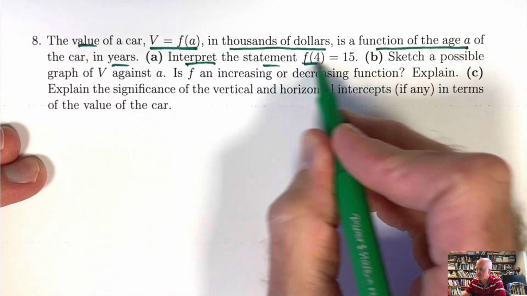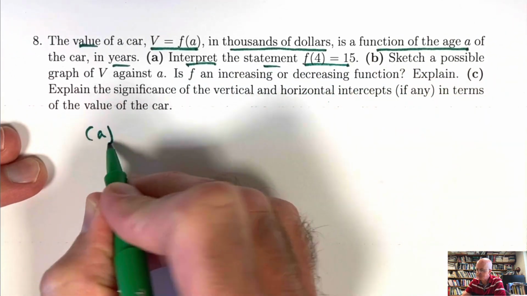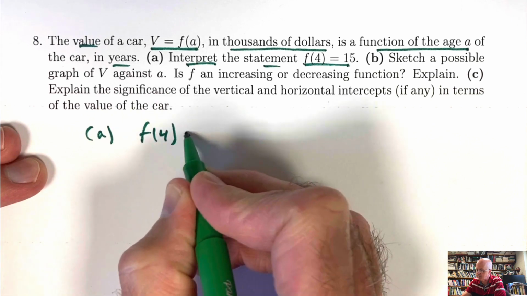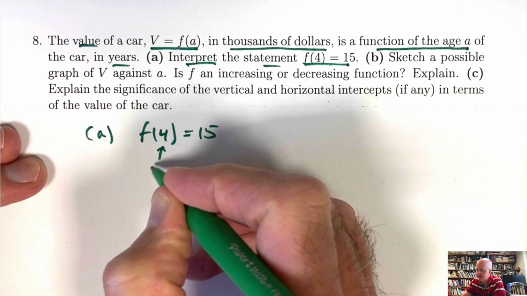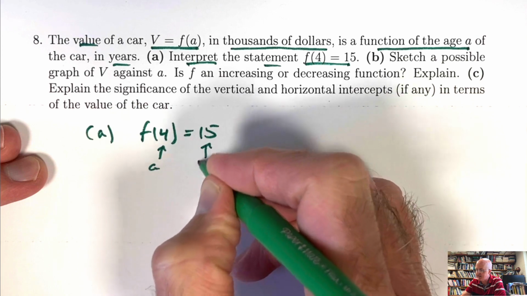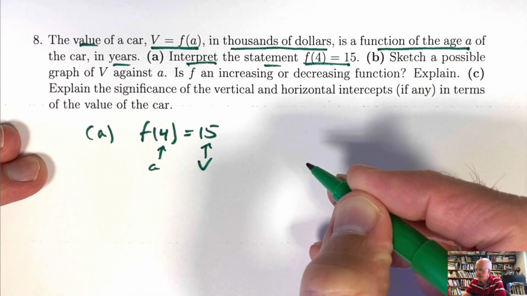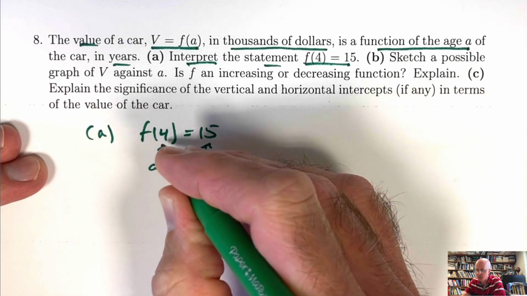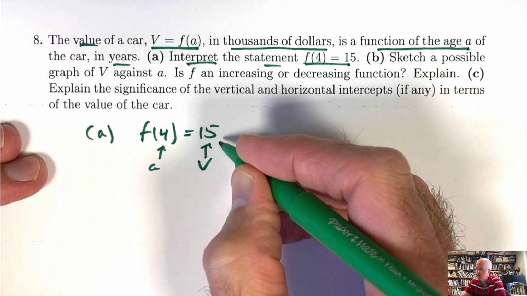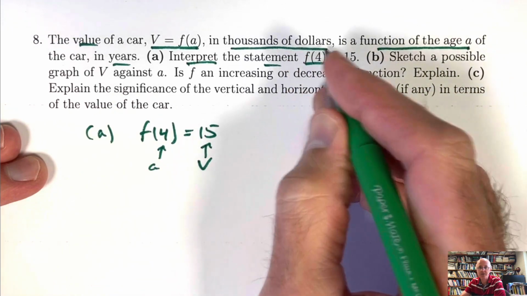Interpret the statement F of 4 equals 15. F of 4 equals 15. This is an A value, and this is a V value. What does this mean? It means when the age is 4 years, the value is $15,000.